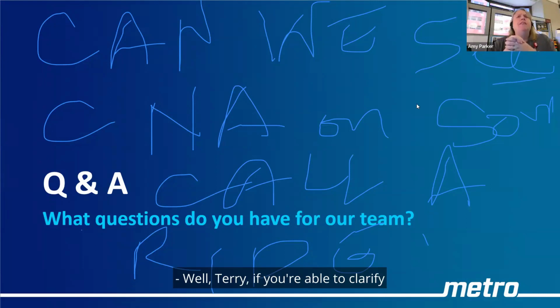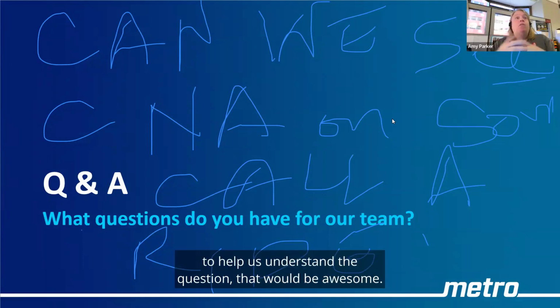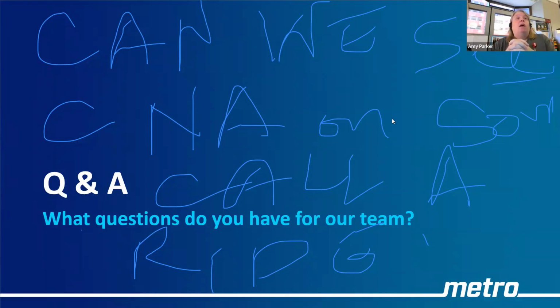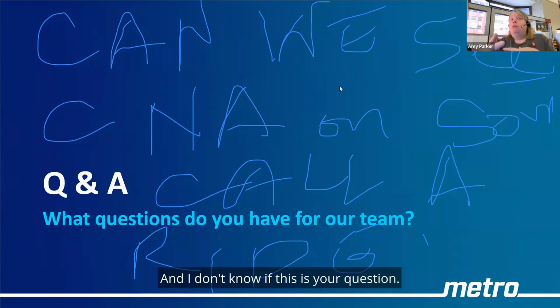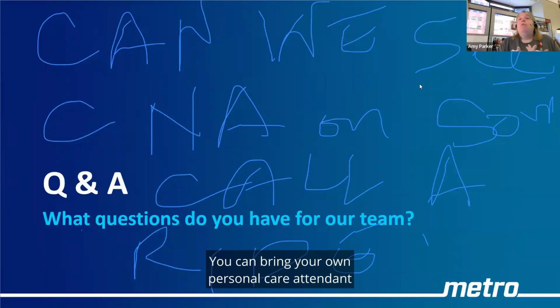Well, Terry, if you're able to clarify your question for us, if you're able to unmute and speak to us to help us understand the question, that would be awesome. And I don't know if this is your question, I'm sort of assuming. You can bring your own personal care attendant who could be a CNA with you on Call-A-Ride.